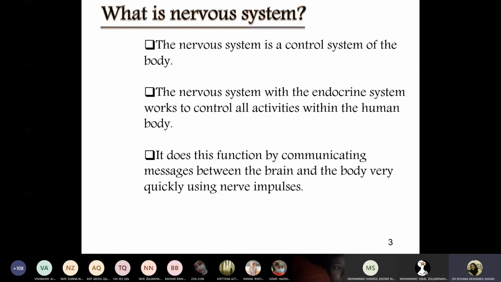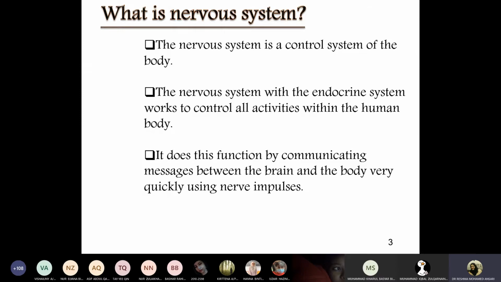But it all happens in a microsecond. Almost the moment I touch the heat, I immediately take off my finger. But this whole reflex arc takes place there. So this tells you how fast the communication is between the body and the brain, and then the brain instructs the body again to do an action.